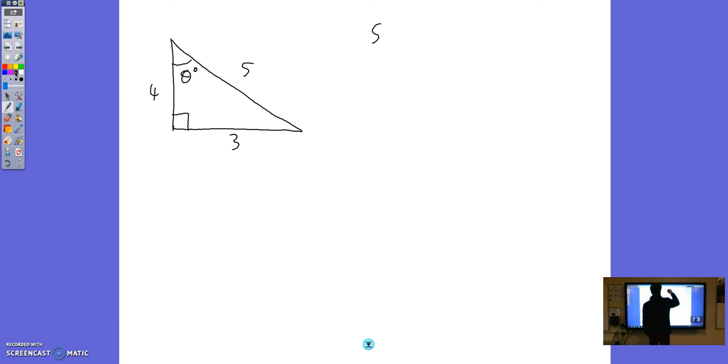So if I were to get sine of theta, the first thing I need to do is label my 3 sides. So my first thing I label is my hypotenuse, which is the longest side. Then we're going to label the side that is opposite from theta. So if that's theta, the side that does not touch it, that is opposite, is this side here. That is our opposite side.